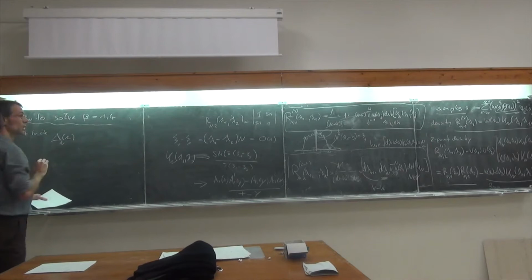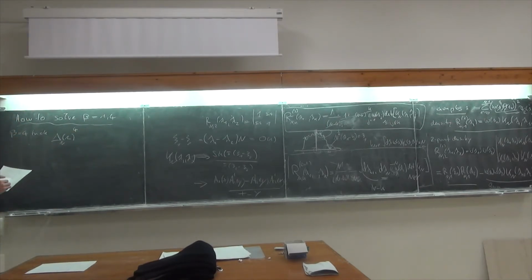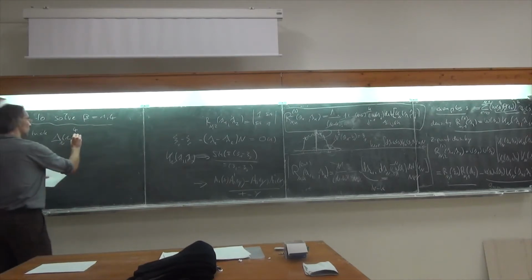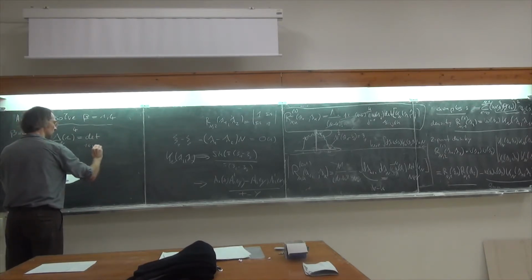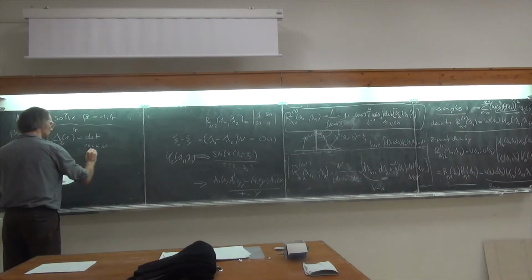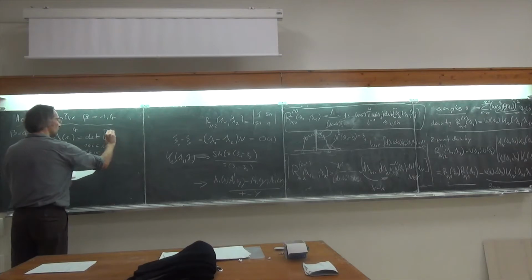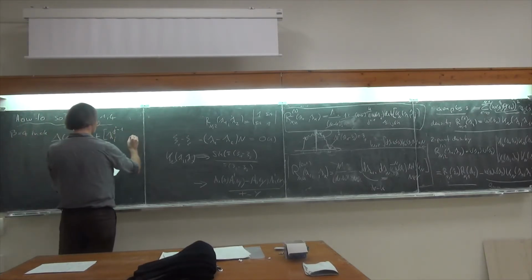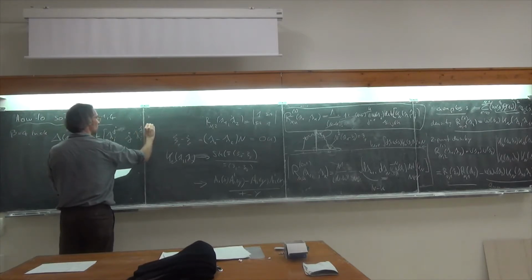So remember, in the partition function, we have the Vandermonde to the power 4. One can show that this is actually equal to the following determinant of size 2n by 2n. I put here lambda_i to the power j minus 1, and j times lambda_i to the power j minus 1.